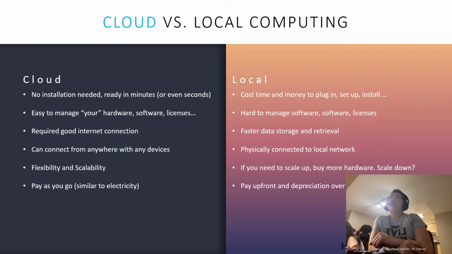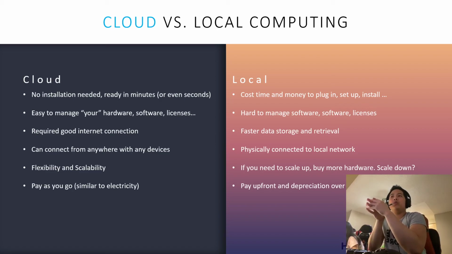But for local computing, if a lot of customers come in, you have to buy a new server, plug it in, set it up, and maybe have some errors with that. And if you want to scale down, it's very hard. You even have to sell the server, but after that maybe the usage comes up again, you have to buy it again, so it's complicated, right?